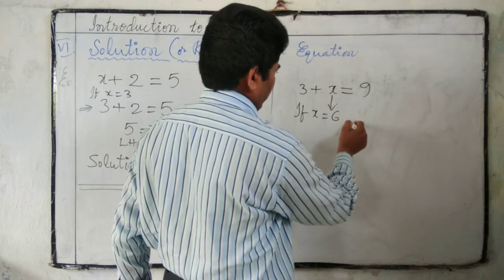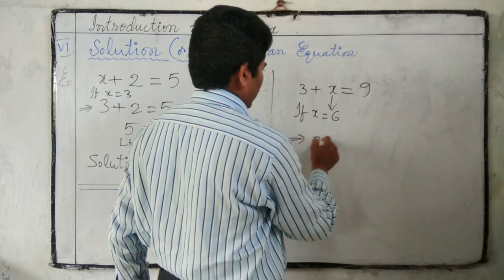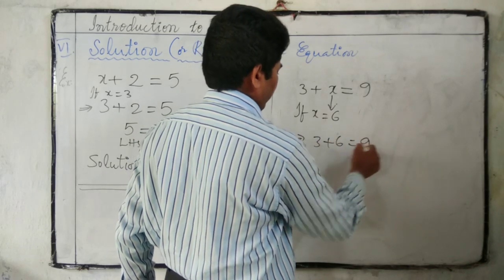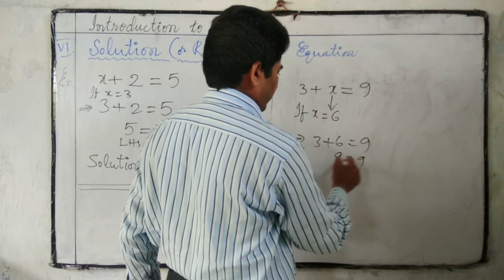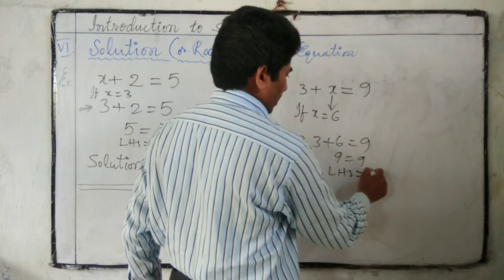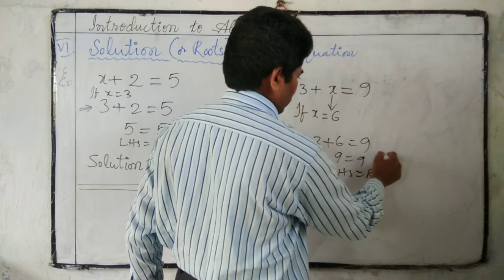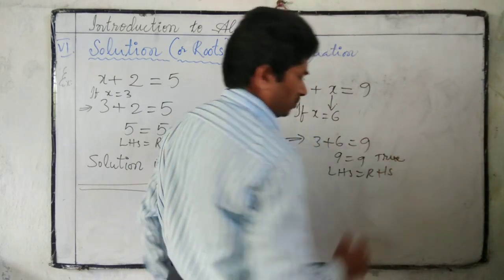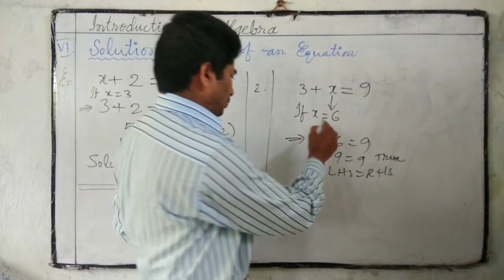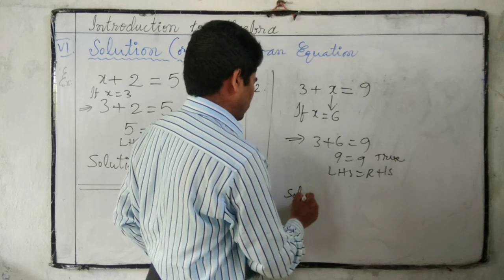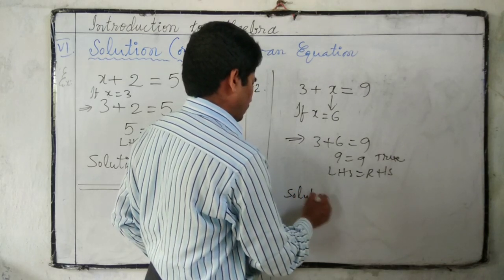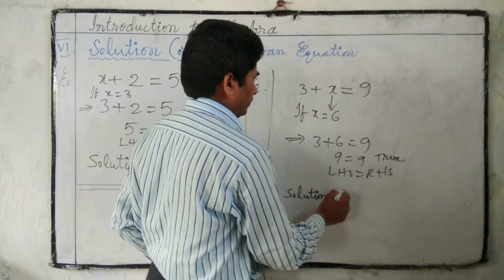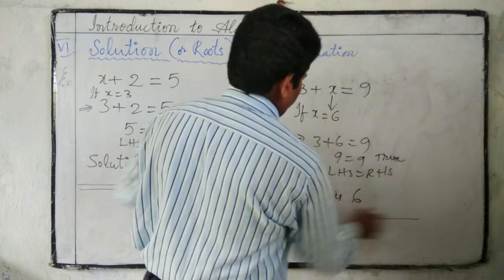If x is equal to 6, then 3 plus 6 is equal to 9. So 9 is equal to 9. LHS is equal to RHS. So it is true. Means LHS is equal to RHS. So solution or root is 6.